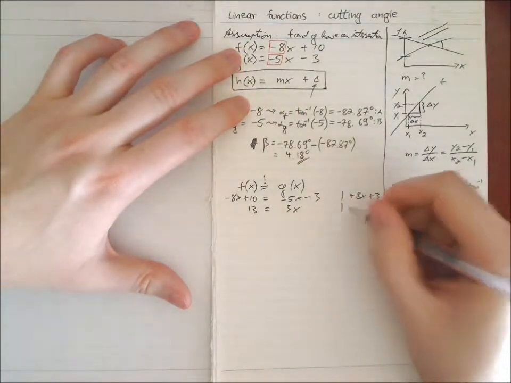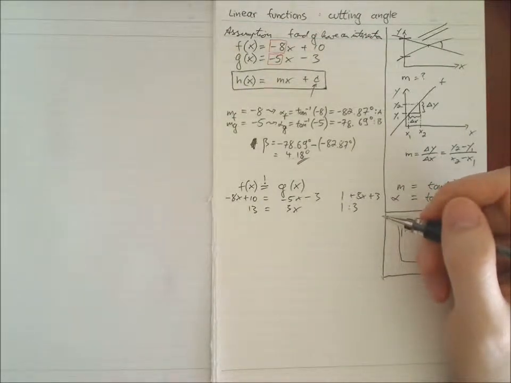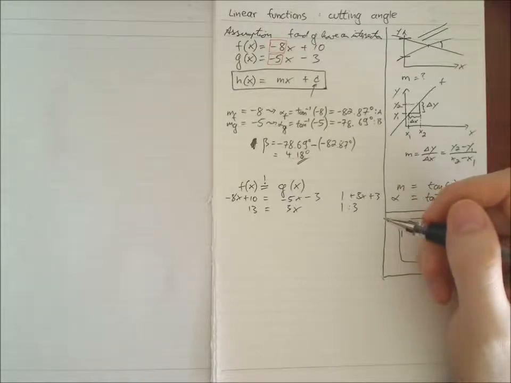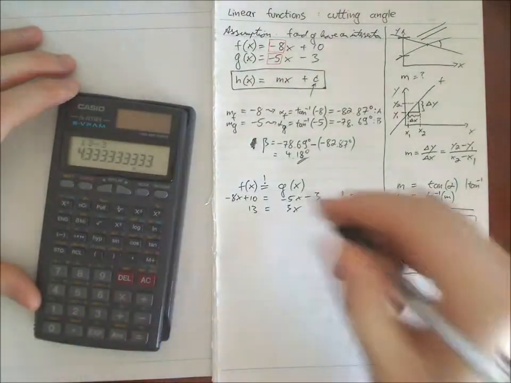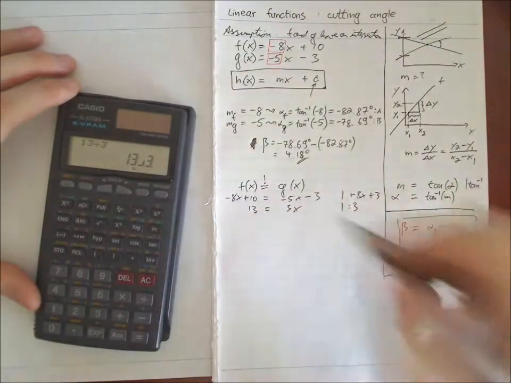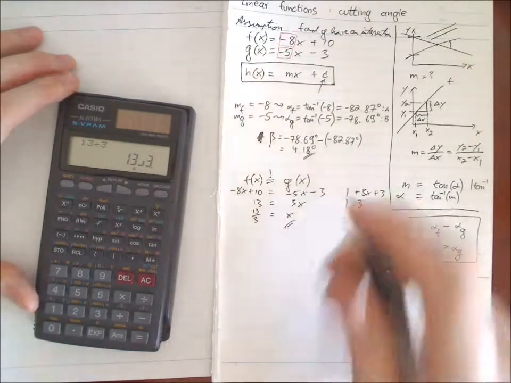Then we divide by 3, and then we end up with something which does not really look so nice. Calculator, 13 divided by 3, and we end up with 13/3 is x. So there is an intersection.